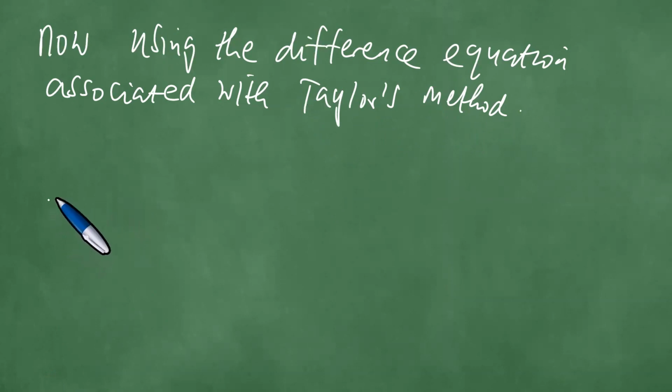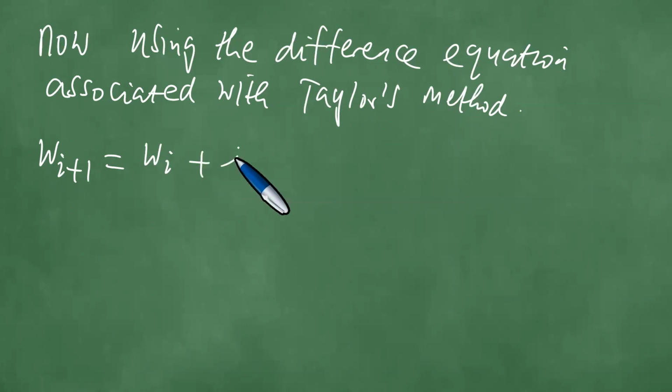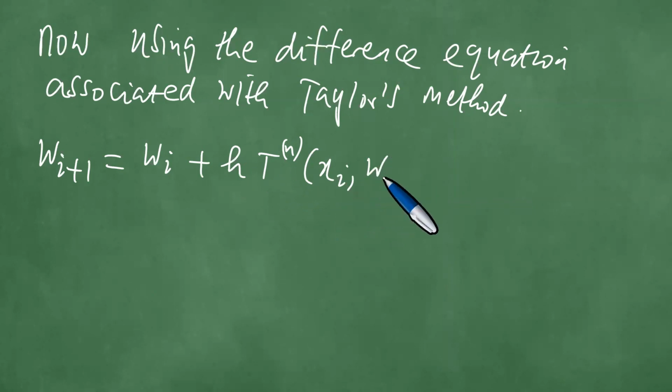Now let's substitute. What is the difference equation? So we said Wi plus 1 is the same as Wi plus H. That is the formula in the textbook, but I said you can change these here. This is Xi. You can use the Y's in place of the W's because this question has Y's, but this textbook uses the W's.